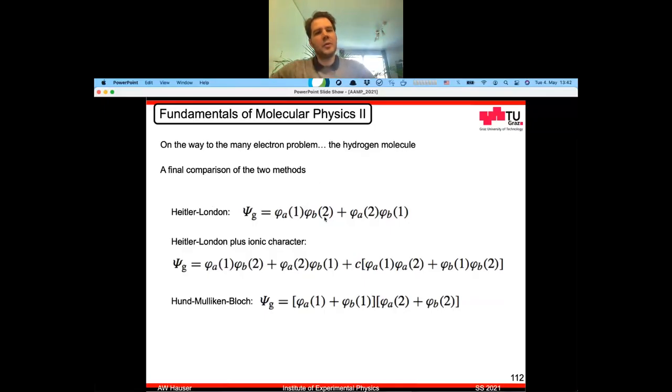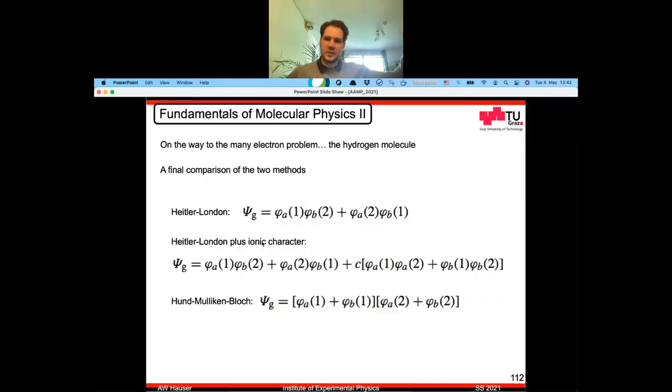What I can do now with Heitler-London is I can also think about the alternative of combining the orbitals I have at hand. So right now I'm just saying, okay, we have an electron here and an electron here. We have this solution, we combine them and then we're done. But what about the situation where actually both electrons are sitting in the same spatial orbit?